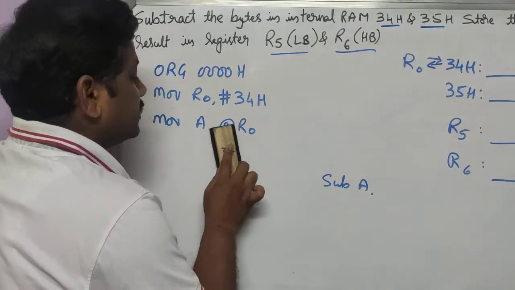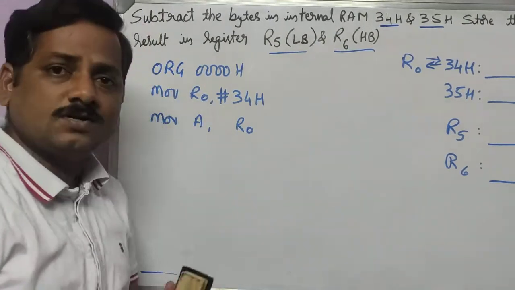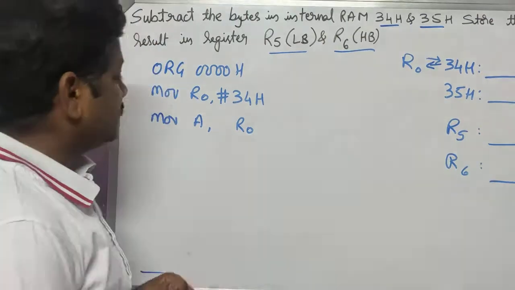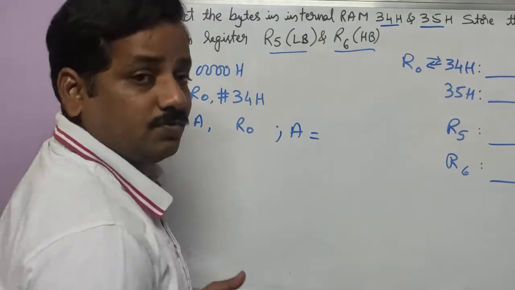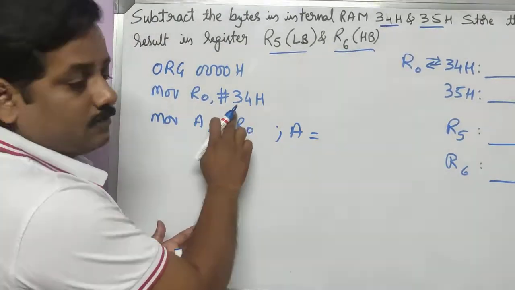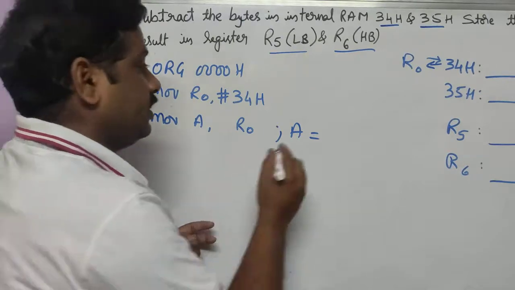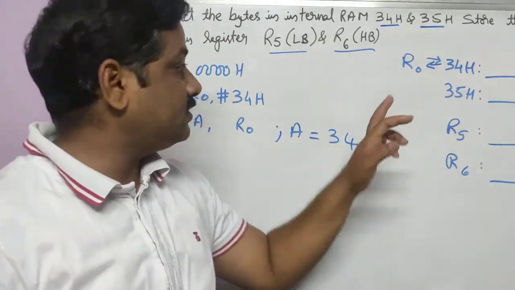You cannot use just R0 here. It will not give an error, but if I write MOV A, R0, what we get at A is the value of R0, which is assigned as 34. So 34 will be given to A. I don't want 34, this is the address.